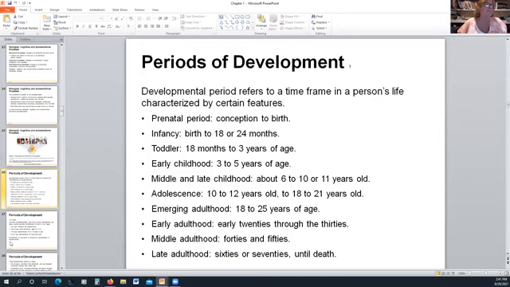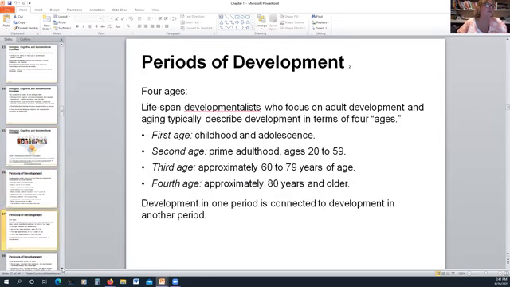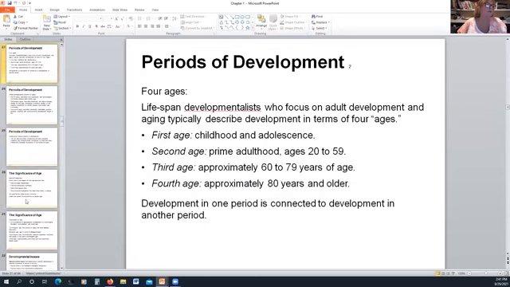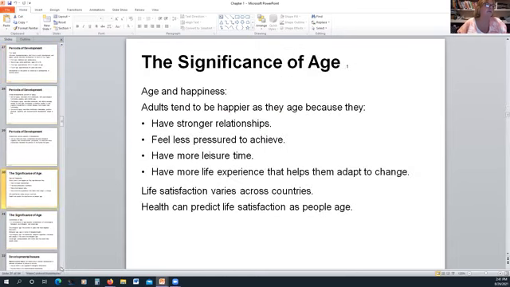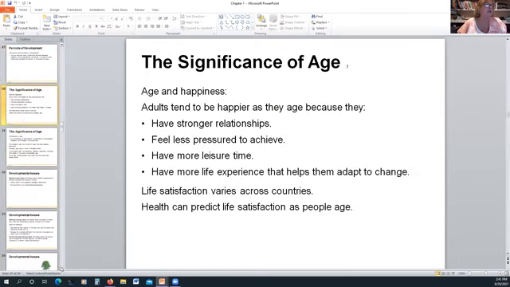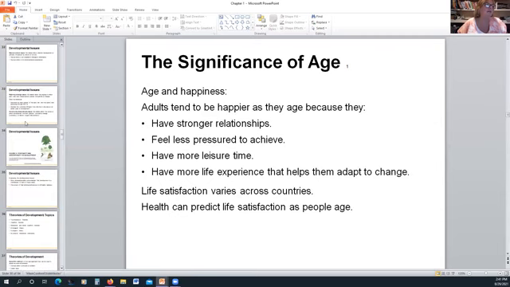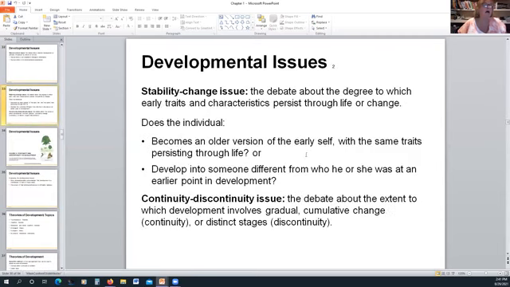So there's some information on periods of development, and some information on the significance of age and how people age, some developmental issues like stability. We'll talk about stability later. Continuity and discontinuity.